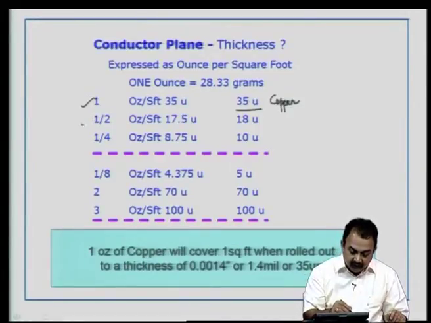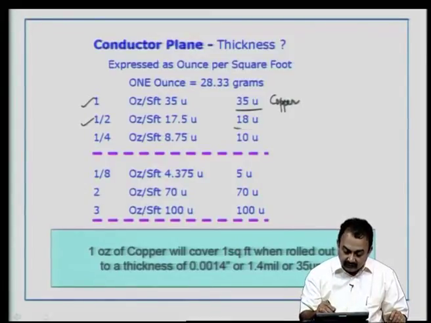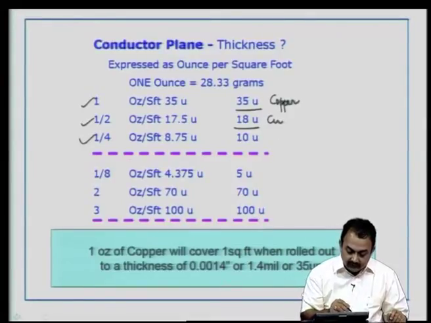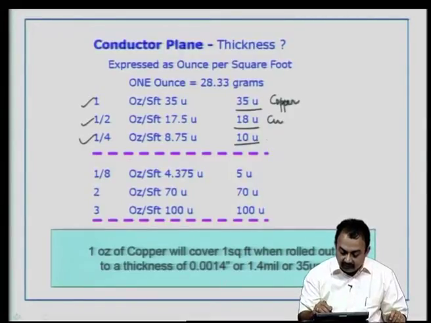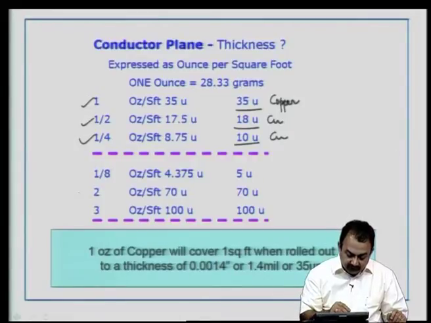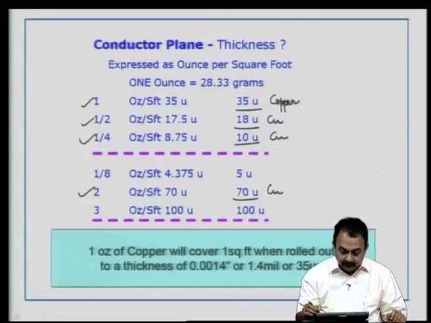Then you have half ounce copper clad laminate, which contains 18 microns of copper, quarter ounce, which contains 10 micron of copper. For special applications like power applications, you tend to use 2 ounce copper, where you have 70 microns of copper, and so on.